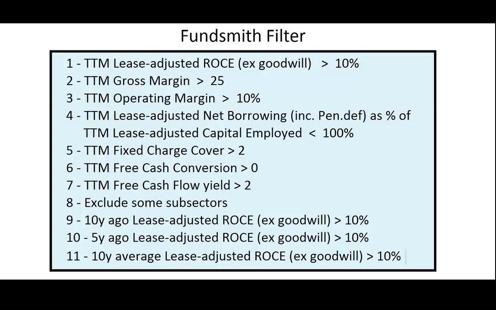So a company could move from doing very well to very badly because of circumstances out of its control, because if you're a mining company and the commodity prices of the thing that you mine suddenly collapse, then even if you are a solid company, the profits that you're going to make are going to suffer. So there are certain subsectors that Fundsmith eliminates.